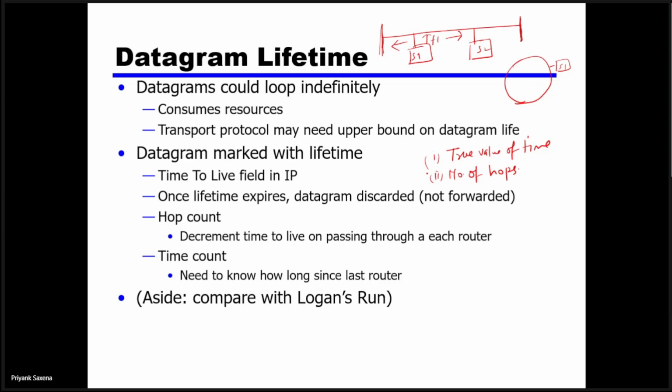After 30 minutes, that datagram will be discarded. Basically, there will be a timer that will measure how long it has been there. Once it reaches some router, the router will see that it has been in the network for this much time. Then the router will discard it, right? So that is basically a true value of time.